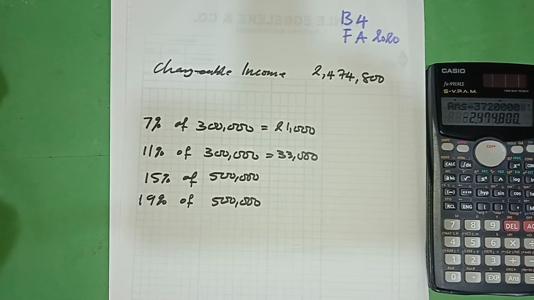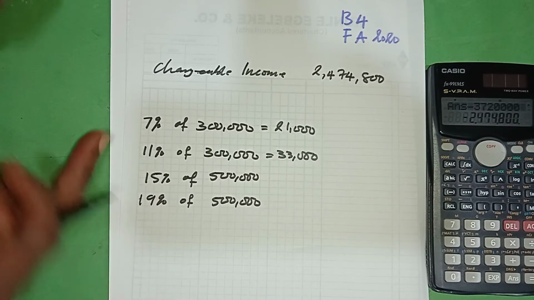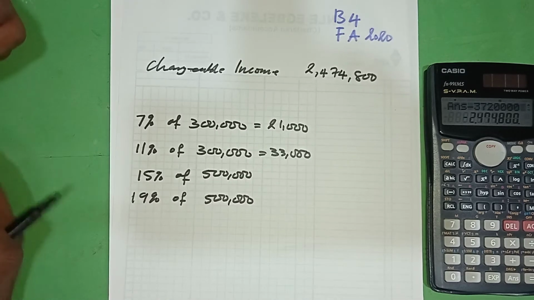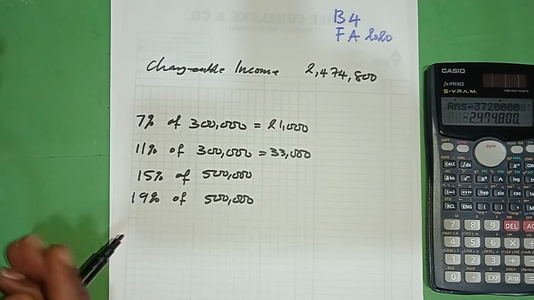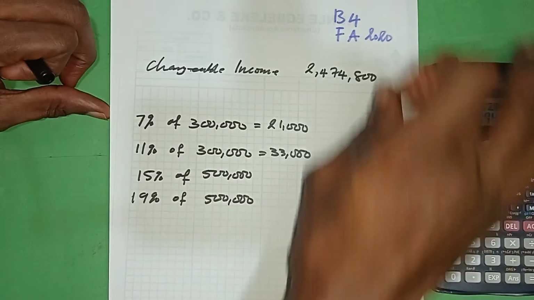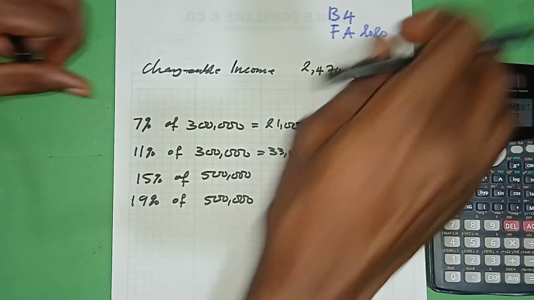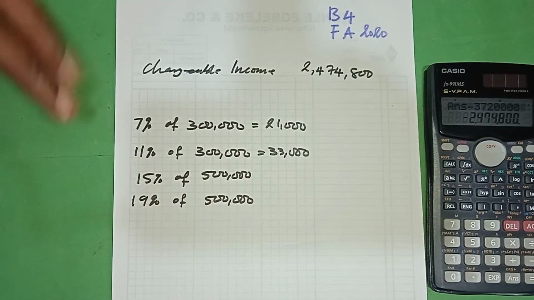Use your calculator to confirm it. I already know this: 7%, 11, 15, 19. The next one is 21. The next one is 24. So all these things, if you know them, it will be very, very good for you.